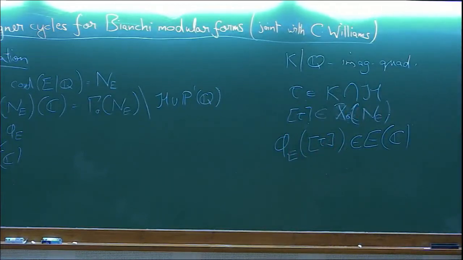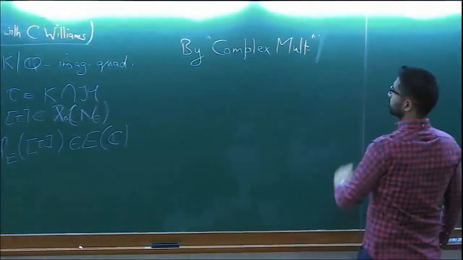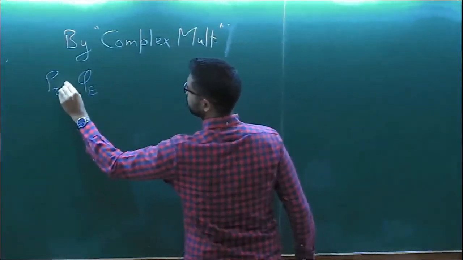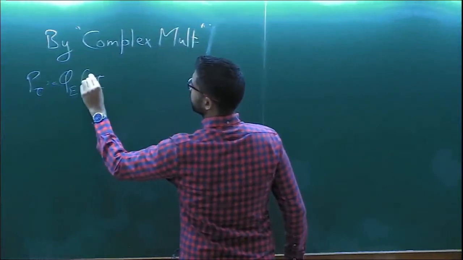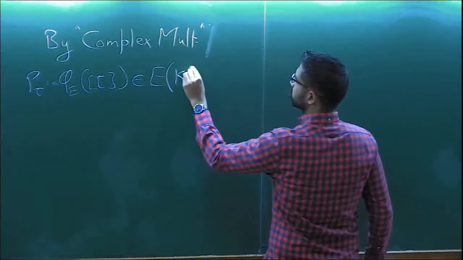But then by complex multiplication, this is in fact going to be a rational point on this elliptic curve. So I'll just write this: complex multiplication. So phi_E, let me call this point P_tau. So phi_E of tau is a rational point on this elliptic curve.